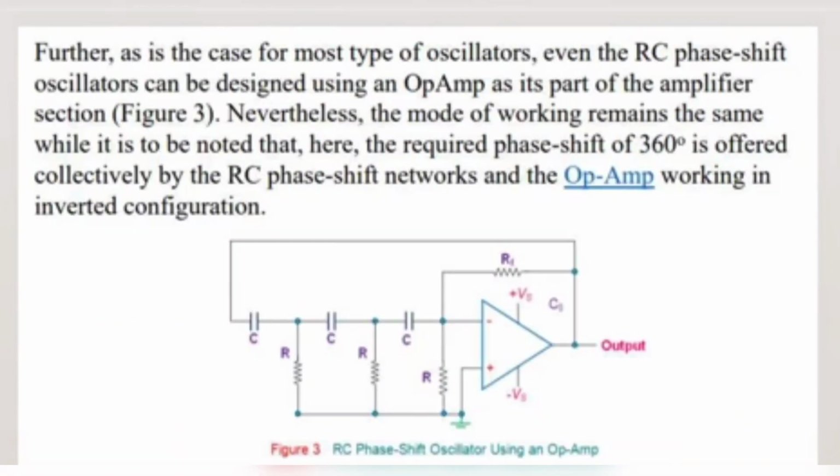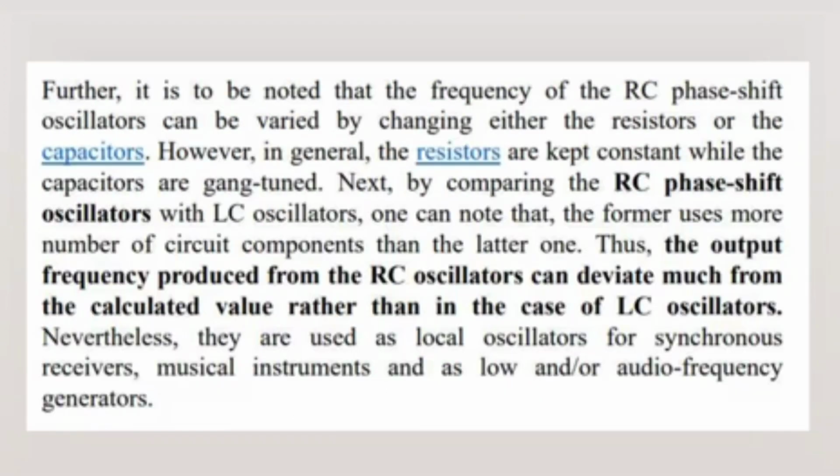Further, as in the case of most oscillators, even the RC phase shift oscillator can be designed using an op-amp as its amplifier section, as shown in figure 3. Nevertheless, the mode of working remains the same, while it is to be noted that here the required phase shift of 360 degrees is offered collectively by the RC phase shift network and the op-amp working in the inverter configuration.